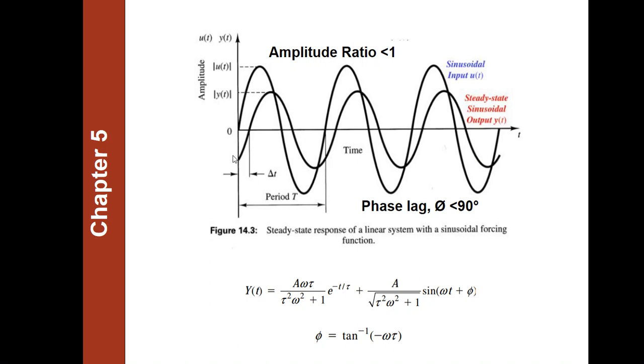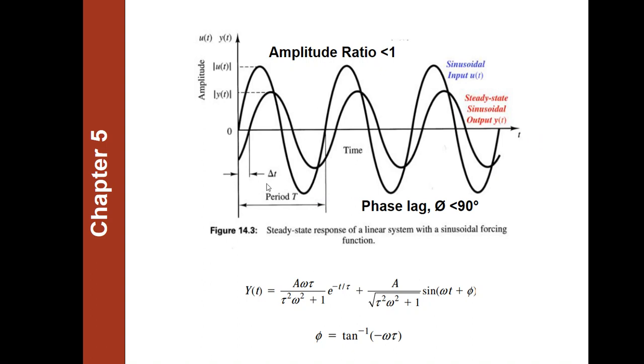If this is one period of your output, then another period is this, then another period is this. So the output will tend to also be cyclic in nature, meaning it's going to recur over time, repeat itself.